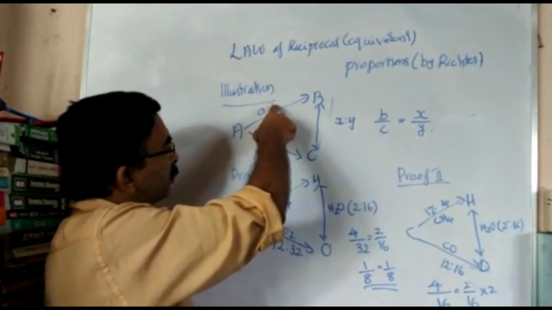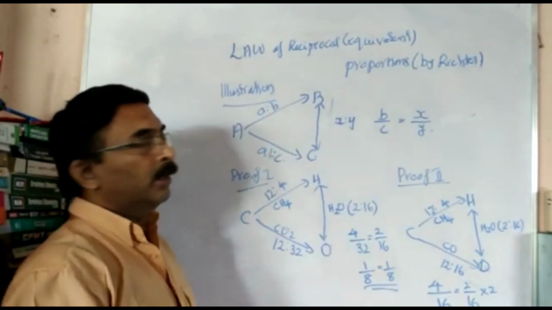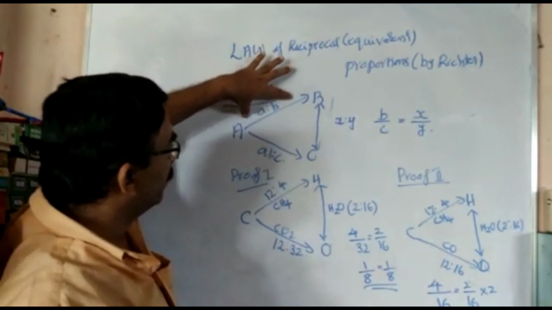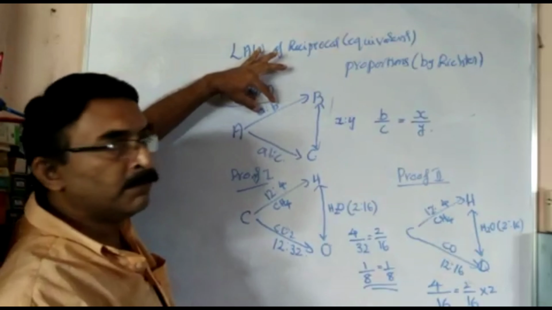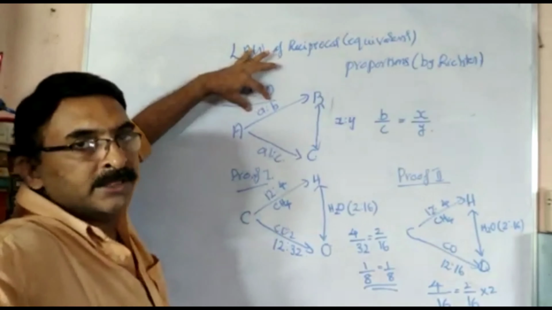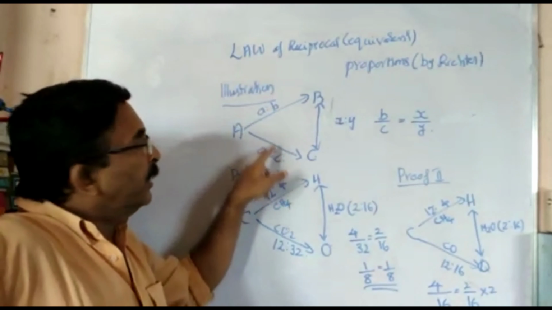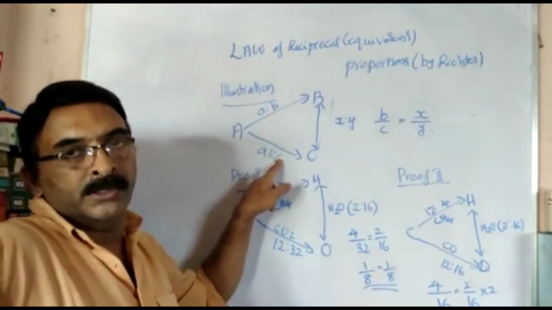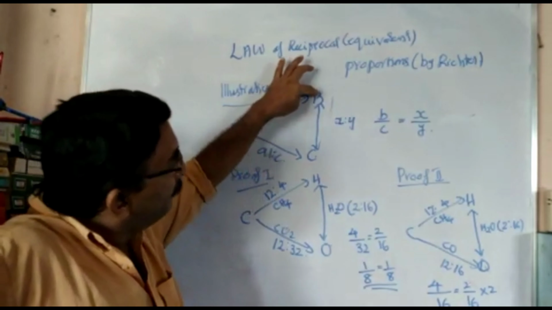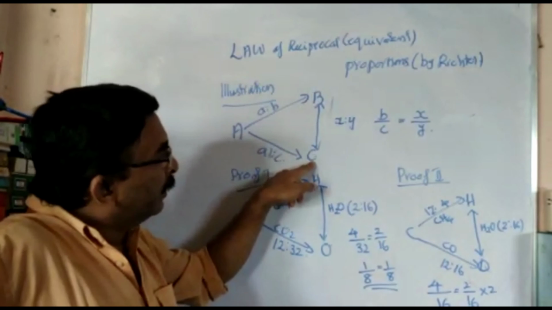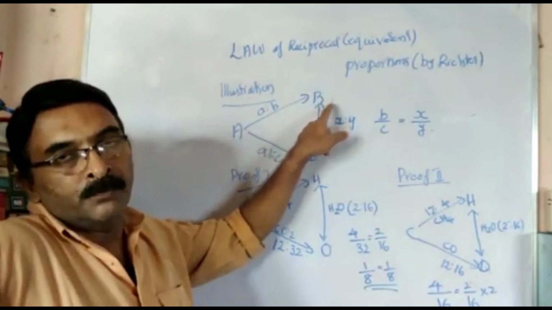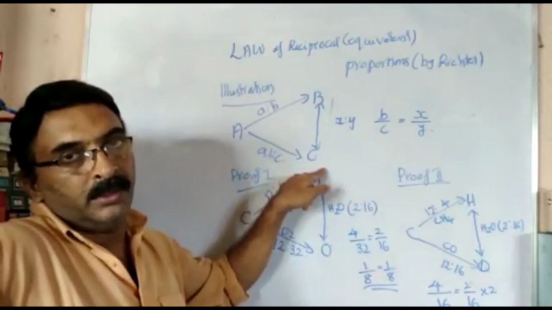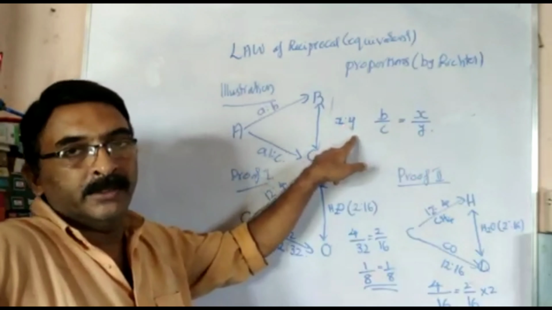Then you take the mass ratio of B and C. In the combination of A and B, take the mass ratio A is to B, and in the compound AC, take the mass ratio A is to C. Then take the mass ratio B is to C from these two ratios. When B and C combine, there will also be a ratio between the masses of B and C. Let that ratio be x is to y.